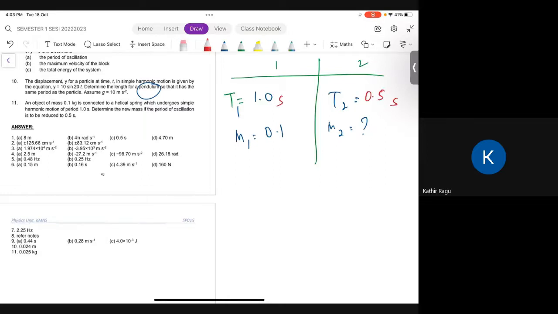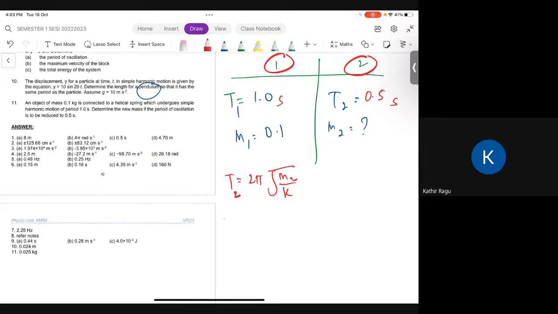Okay, now kita akan guna formula mak. So, T equals to 2 pi square root M over K. Okay, selalunya kalau ada dua, you akan buat ratio. Okay, you bahagi je. 1, kita nak cari 2 kan. So, make it 2 as a main character.